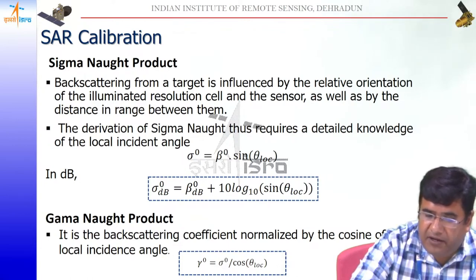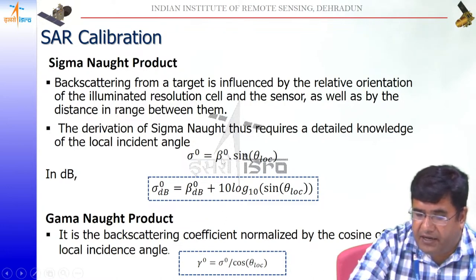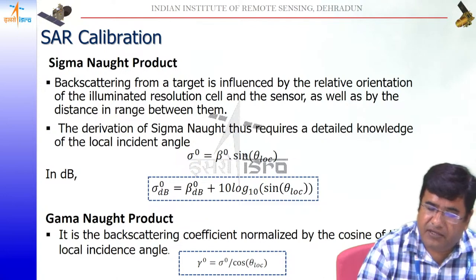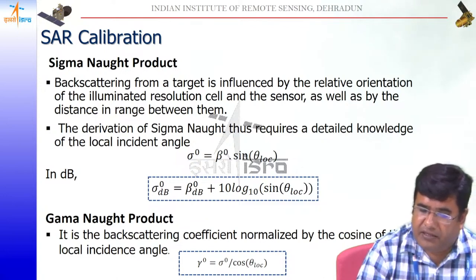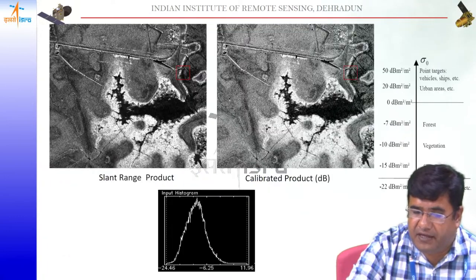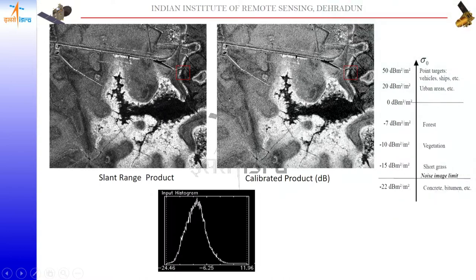For gamma naught, we divide the sigma naught product by cos theta, or multiply the beta naught product by tan theta. So with the beta naught we can convert to the sigma naught and gamma naught products, and the actual value will be in this range. Here you can see this is the slant range product and this is the calibrated dB product.